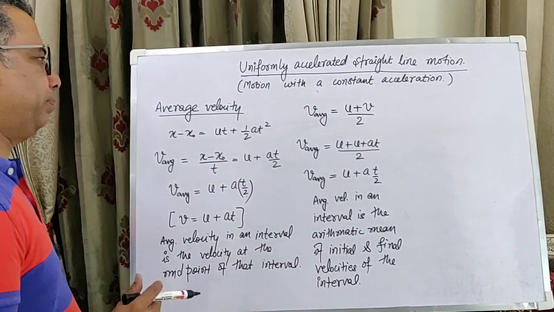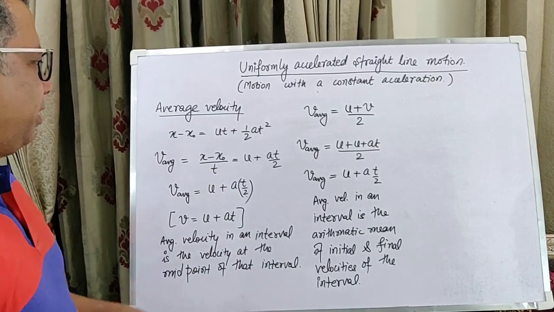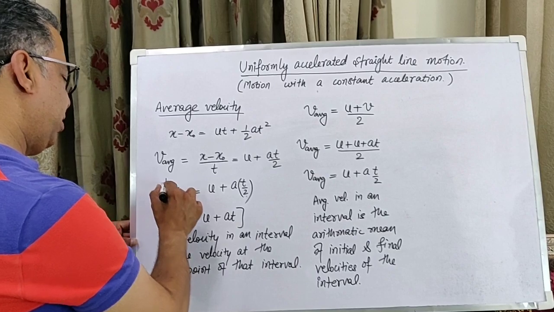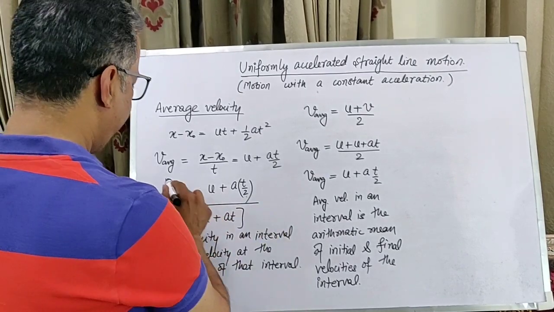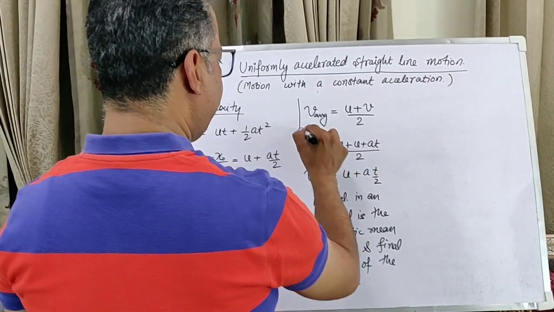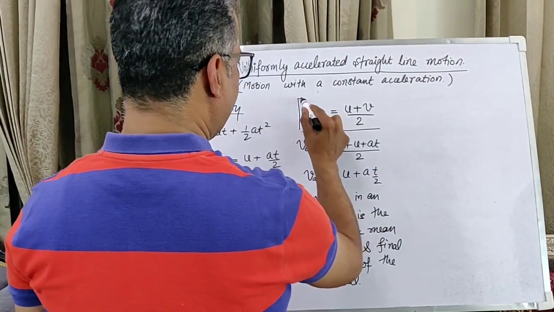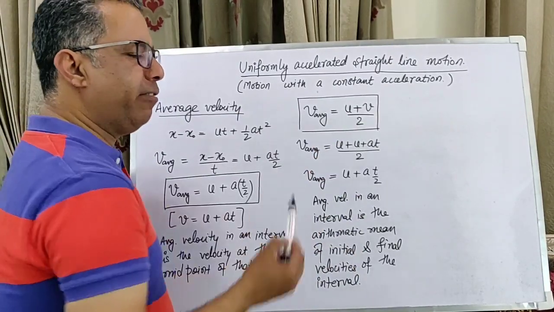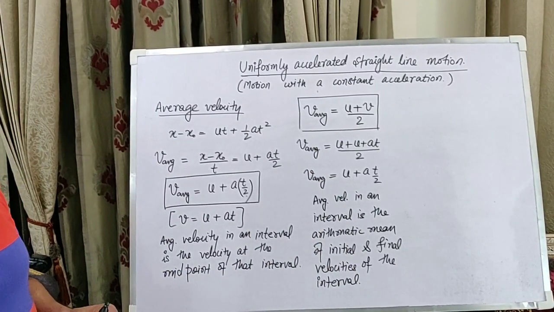Okay, so as far as average velocity is concerned, these are two important clues. Average velocity during an interval is the velocity at the midpoint of the interval. Also, average velocity during an interval is the arithmetic mean of the initial and final velocities of that interval.